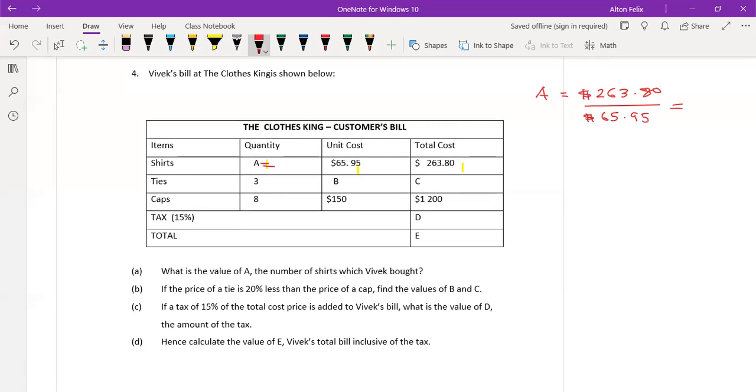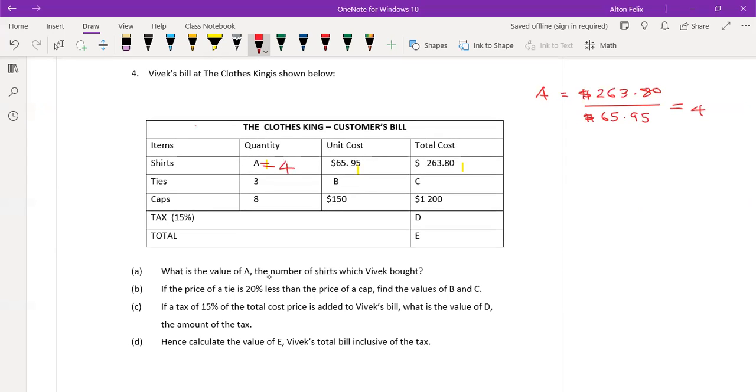Right, so let's see how many shirts he bought. 263.80 divided by 65.95 equals, right, so he bought 4 shirts. So the value of A would be 4. So you can write that in the table there. He bought 4 shirts.